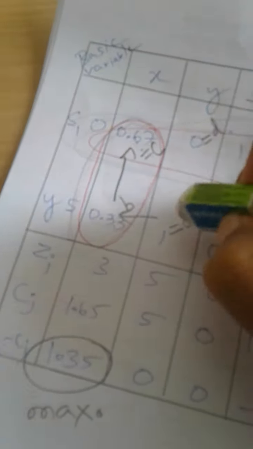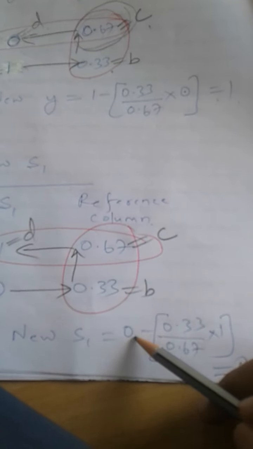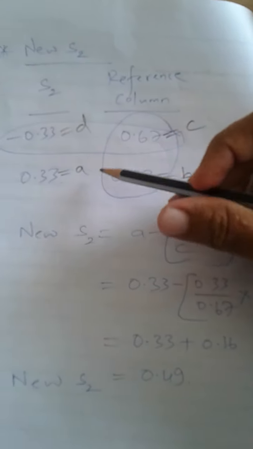In this case this will be considered as A. This will be considered as B and C, and finally this will be considered as D. A, B, C and D. Again we have to formulate the equation A minus B divided by C into D. So this is how we are going to formulate this. This will be S1.